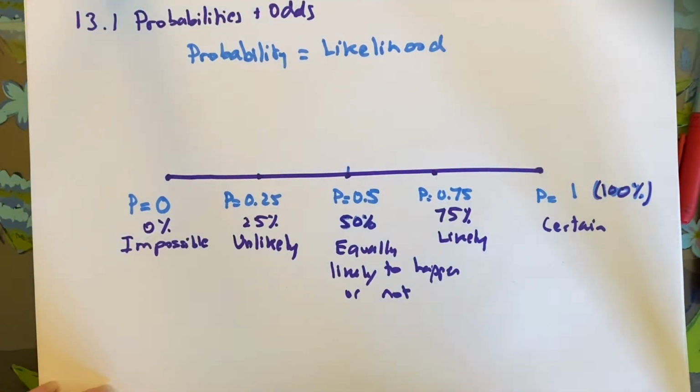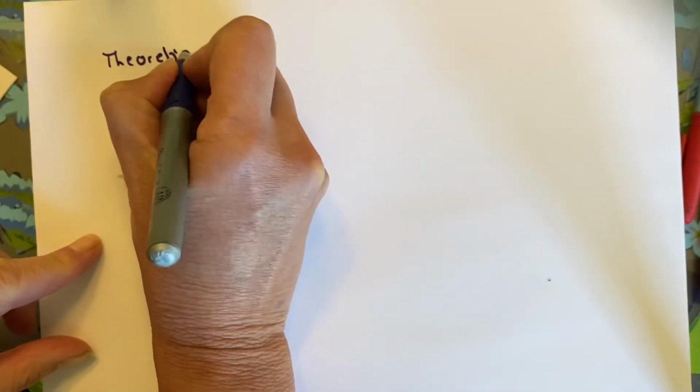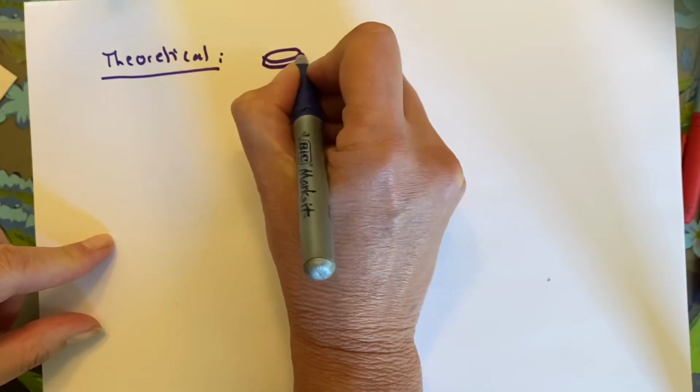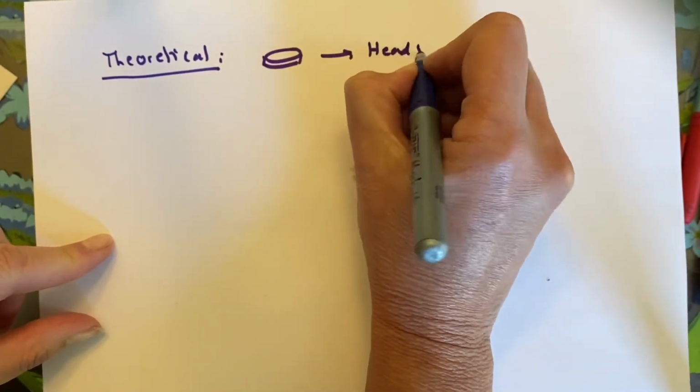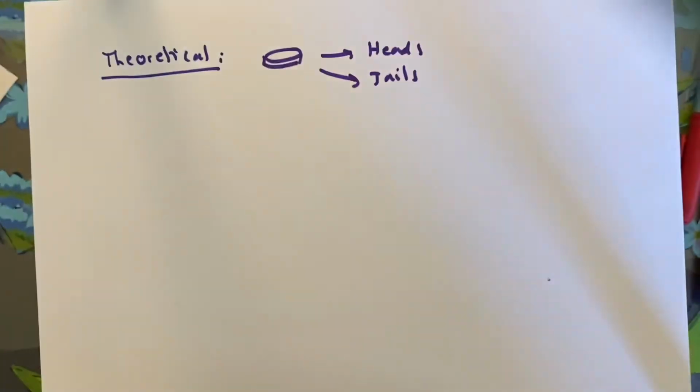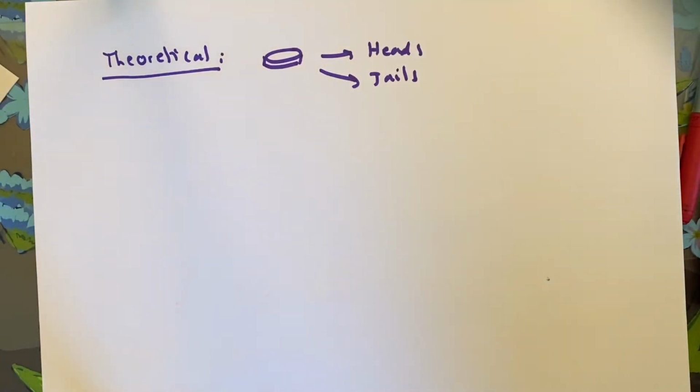Now, there's a couple ways of looking at probability. I'll turn this over because I get marks on the paper. There are two probabilities, believe it or not. There's theoretical, and theoretical was that first problem we just did, like heads. You have a coin, right? And you have heads or tails, right? The theoretical probability means what will happen if everything works itself perfectly.